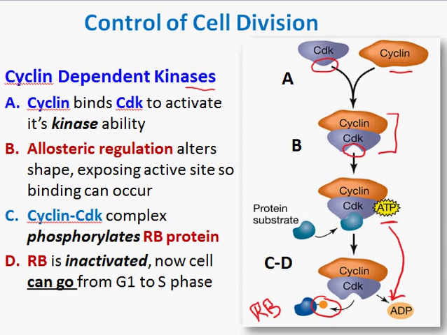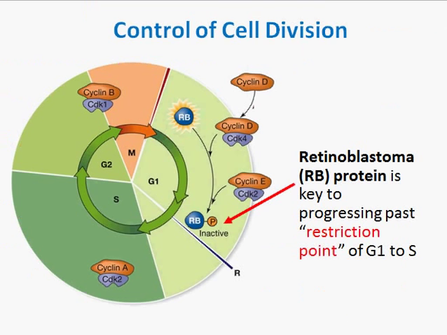So what does that mean? Let's take a look at the cell cycle to see the consequence of this. So here's a cell cycle, and there's a major checkpoint, a restriction site right here where this R is. Okay, and the cell's not going to go from G1 to S phase unless it passes through this point. Now what's preventing the cell from going from G1 to S phase right now is this RB protein we see at the top. So what happens is cyclin binds to CDK. Okay, it activates this enzyme because CDK is a cyclin-dependent kinase.